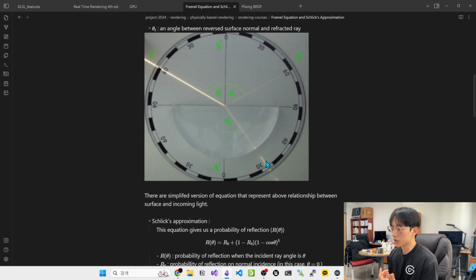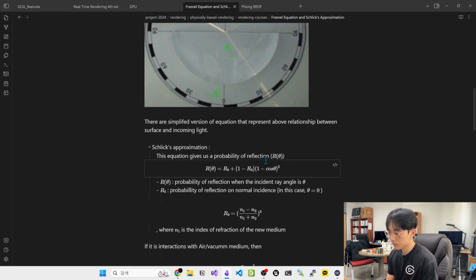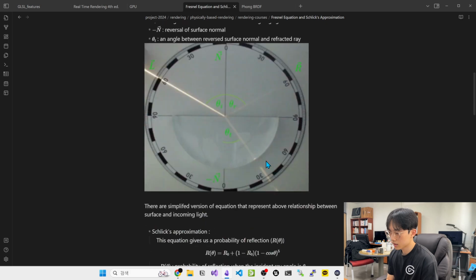Snell's law is used to calculate theta t in terms of the difference between the two media, the upper side medium and the downside medium. What we want to get from this Fresnel equation is the probability of reflection on the surface.